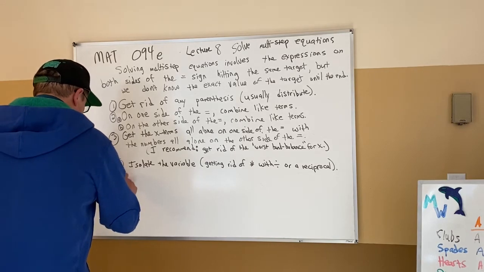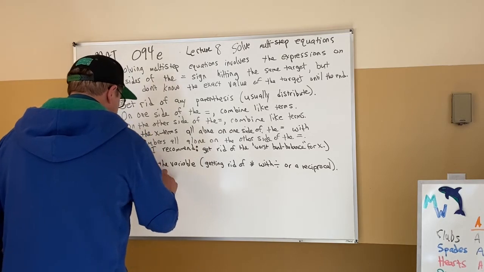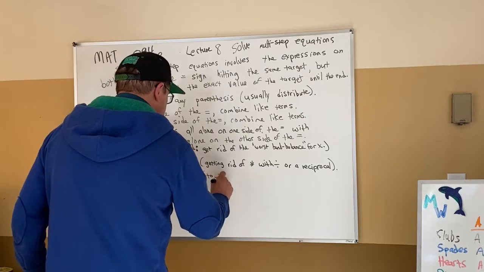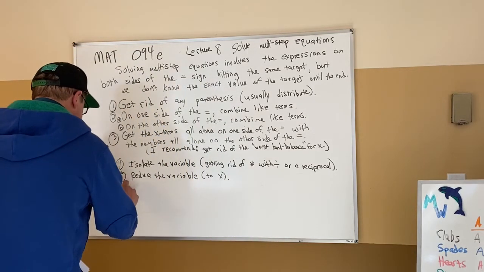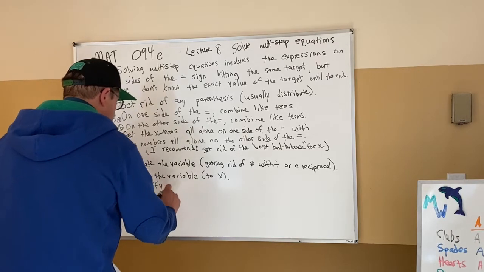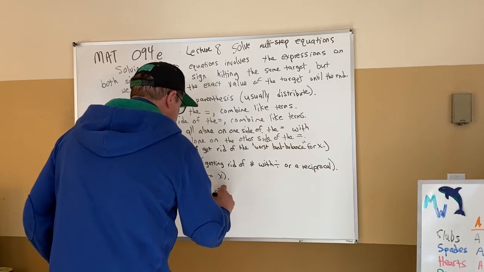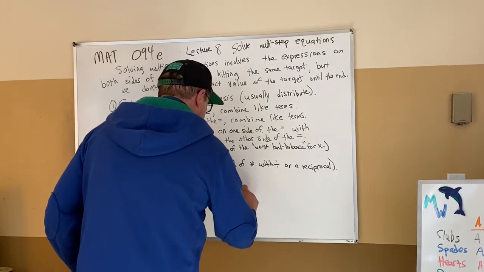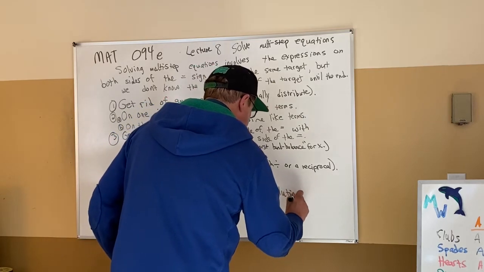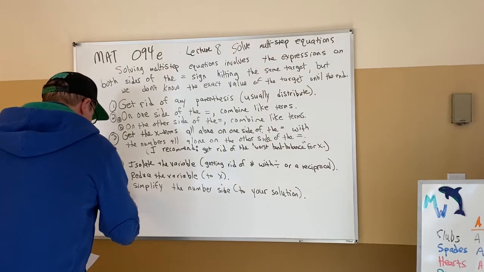5. Reduce the variable side. I'll say again to x, but to whatever the variable is. They'll definitely become x. 6. Simplify the number side. To your solution. 7. Check your solution.